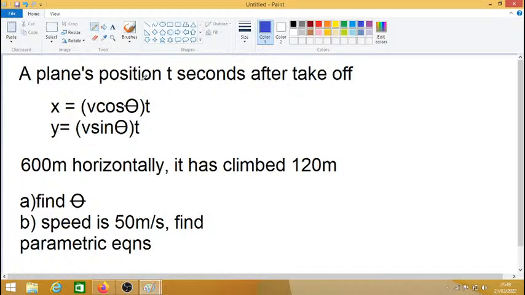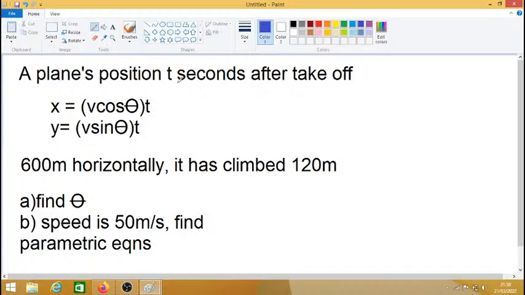A plane's position, this is an aeroplane's position t seconds after takeoff, can be seen by the two following equations. The x, so that's the distance it's traveled across horizontally, can be worked out by v cos theta times t.